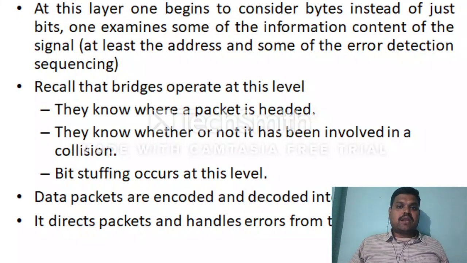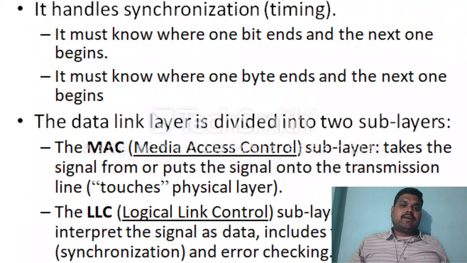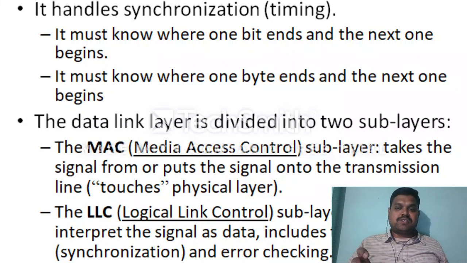It also handles synchronization between the sender and receiver. The receiving device must know where the transmission starts, when the first bit is received, and when the transmission of the last bit ends.